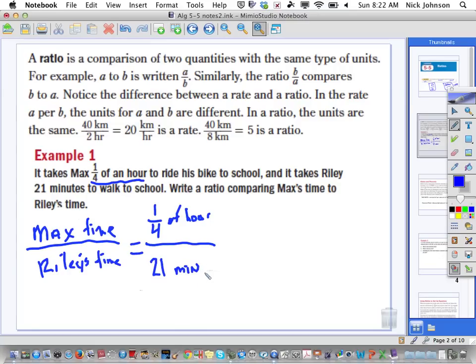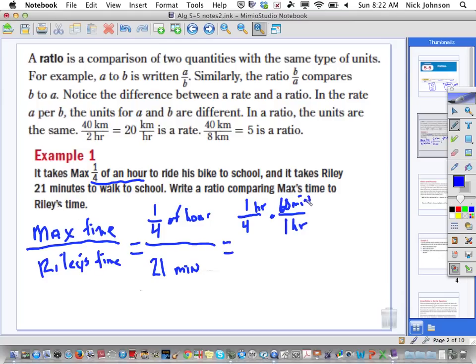So we can do this one of two ways. We can convert Riley's time to be of an hour, or we can convert this 1/4 of an hour to minutes, because we're in hours over minutes, and that's not a ratio. We need minutes over minutes. So 1/4 of an hour is the same thing as saying 1/4 times, we got to get rid of hour, so I put hour on the bottom, 60 minutes on top.